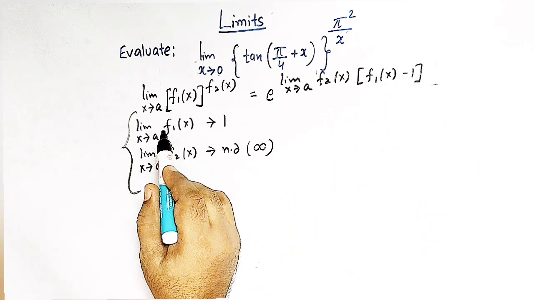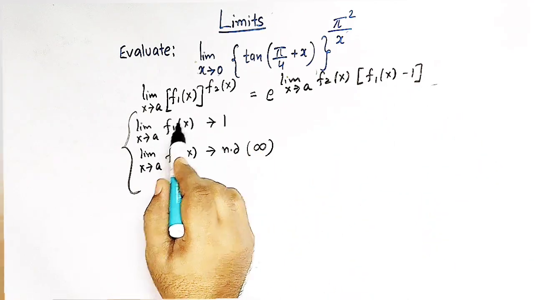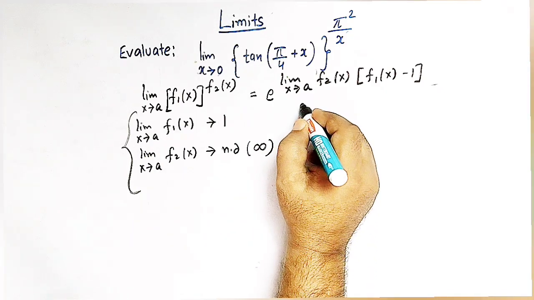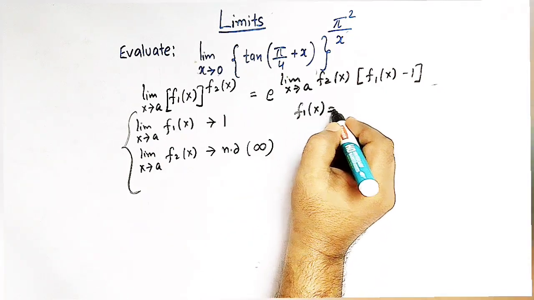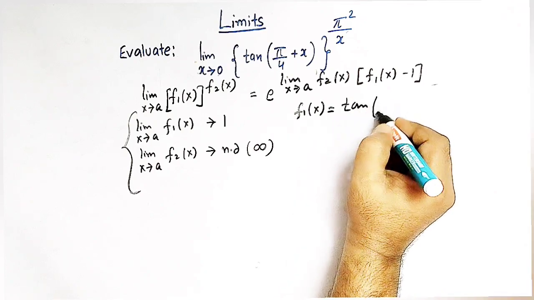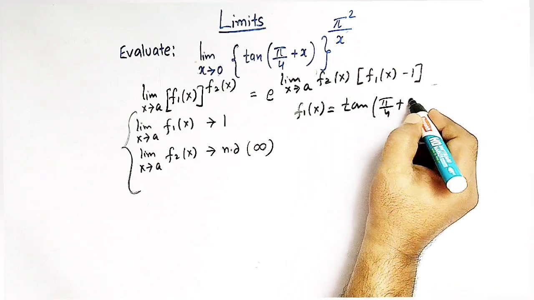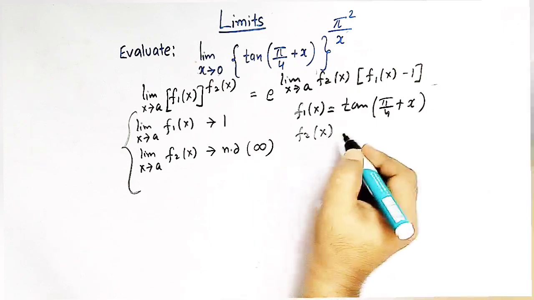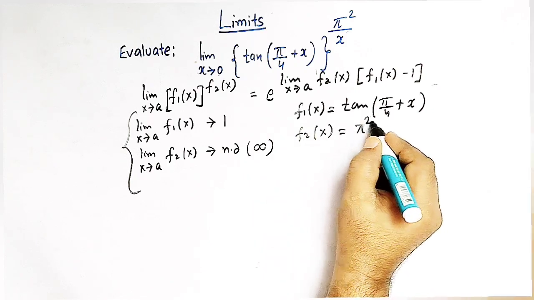So let us first test these two conditions for the functions f1x is given by tangent of pi by 4 plus x, and here f2x is given by pi square over x.